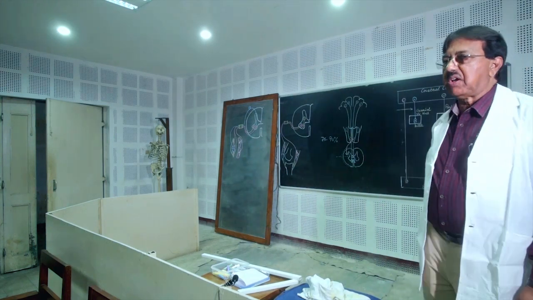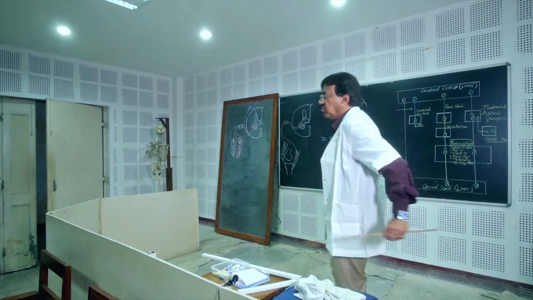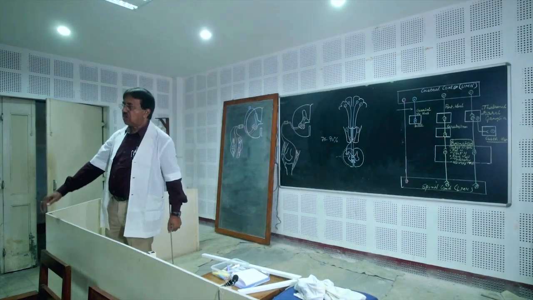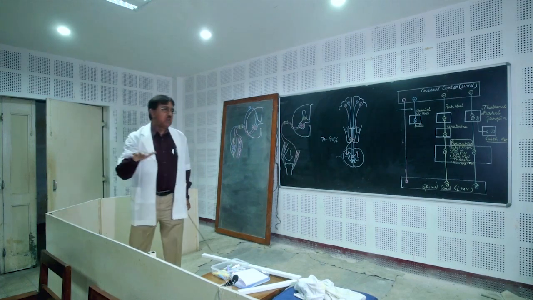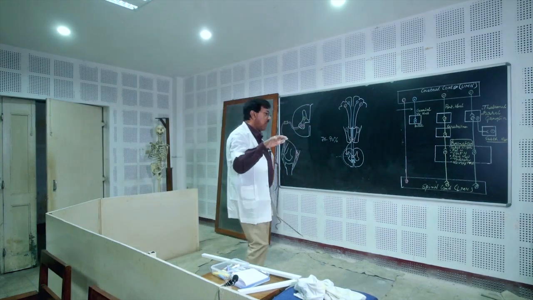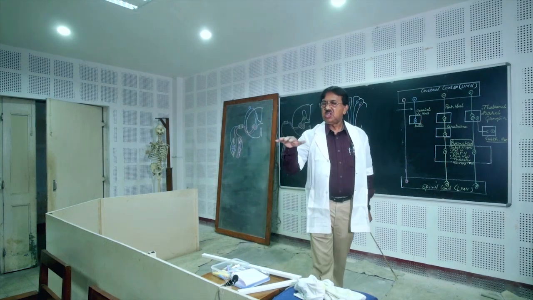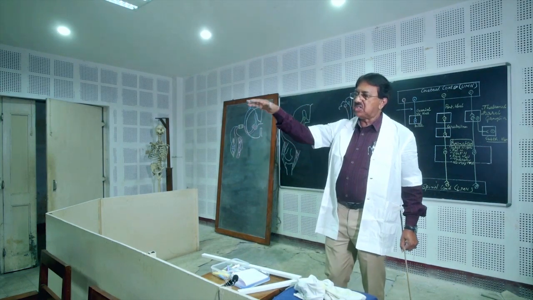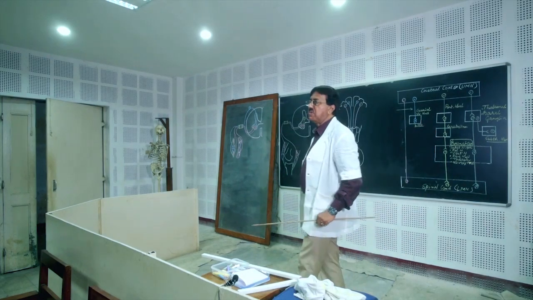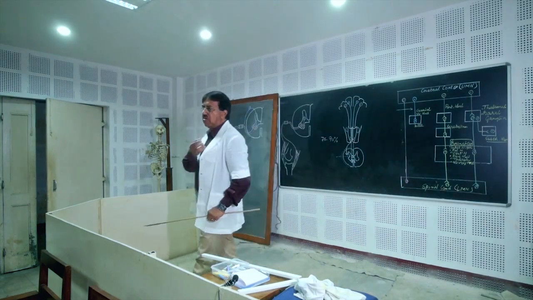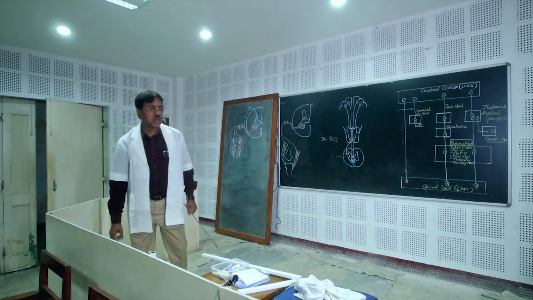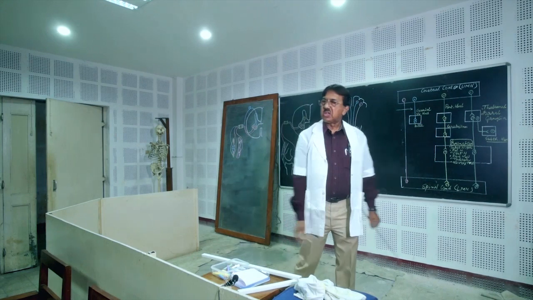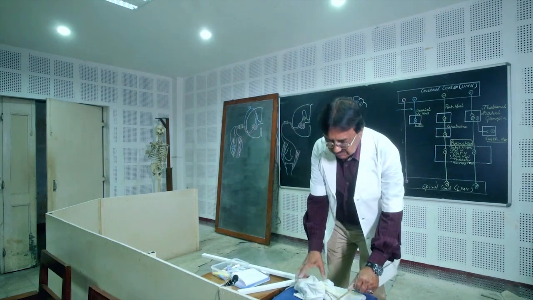Segment by segment they cross and pass to the opposite sided lower motor neuron. So ultimately it is also a crossed fiber. But this anterior corticospinal tract exists only up to the thoracic segments of the spinal cord, not beyond that. So it is a very small quantity, 10 to 25% of the fibers, existing only up to the thoracic level of the spinal cord.